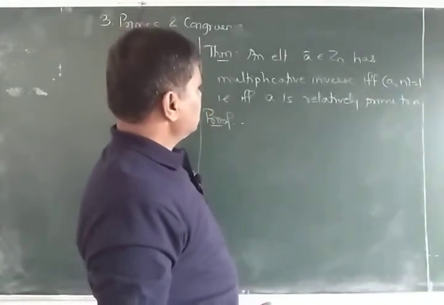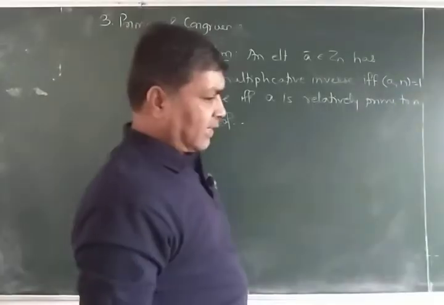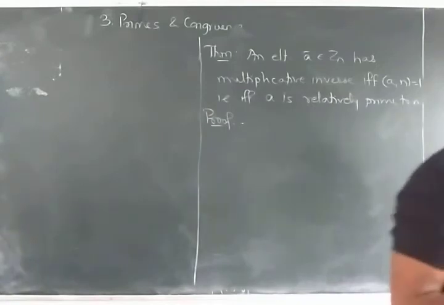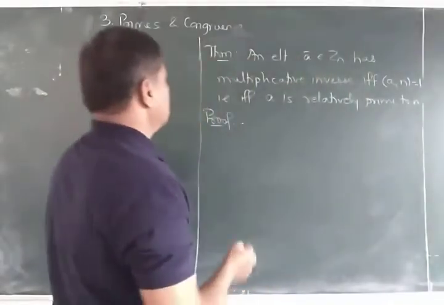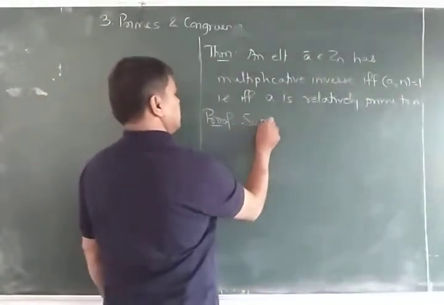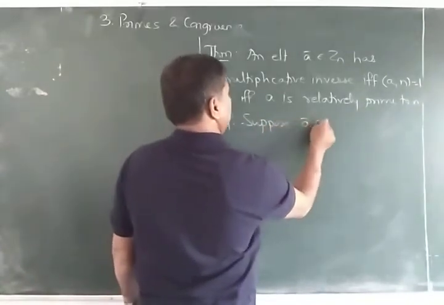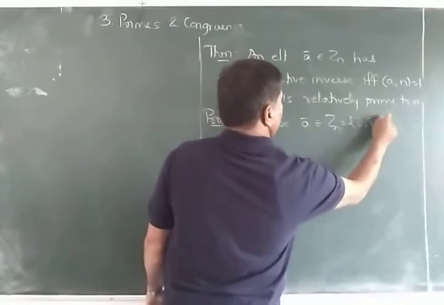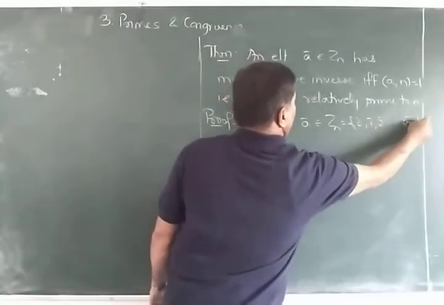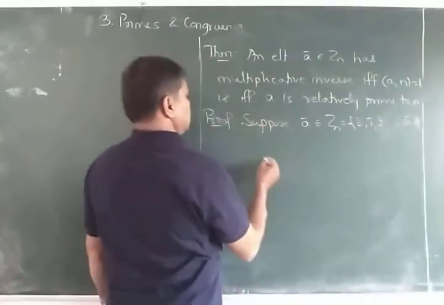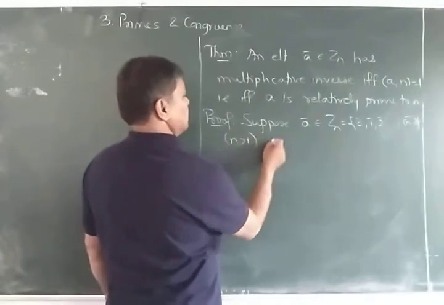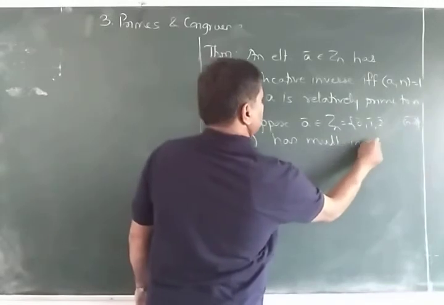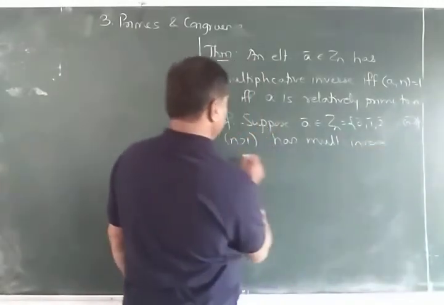So suppose a bar belongs to Zn, n greater than 1, has a multiplicative inverse, say b bar.